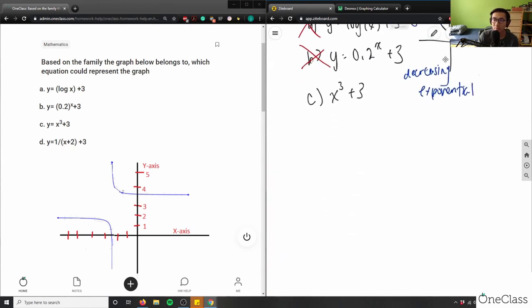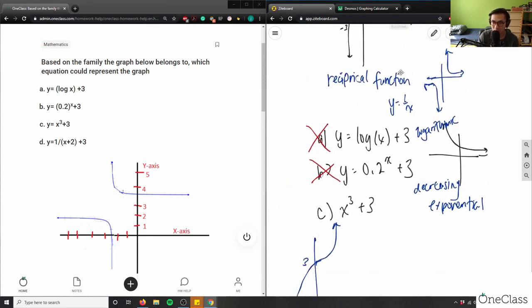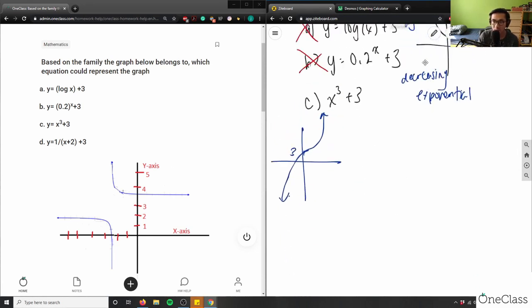Let me graph this for you in blue. X cubed plus 3 is an odd function, and the leading coefficient is 1. So it would be something like this, where this is at 3. Again, it doesn't look anything like a reciprocal function, so this is the wrong answer as well.